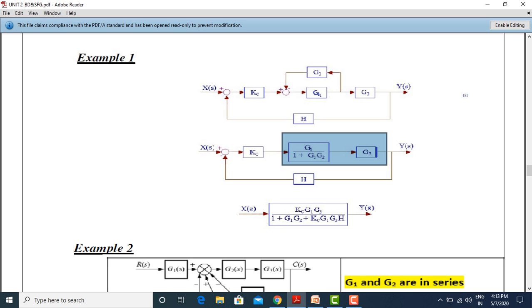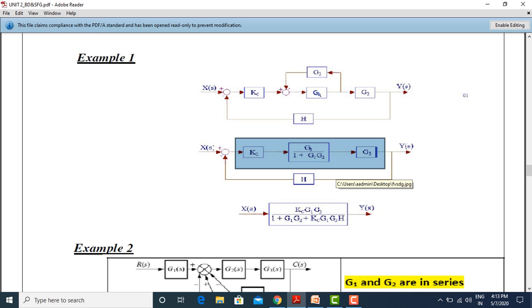Again we can see these three are in series, no takeoff point between them, so Kc into G1 G3 upon 1 plus G1 G2 will be my next step. So this we have combined by multiplication in one block.